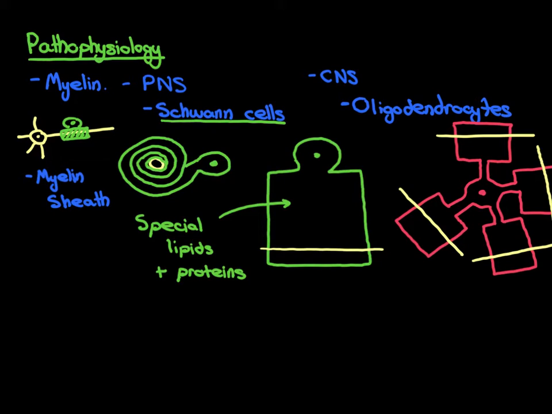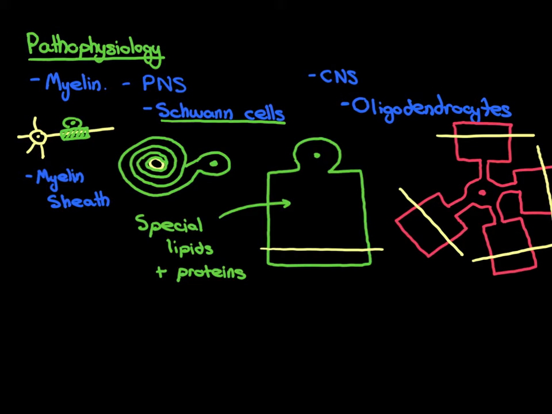Even more in particular, there are proteins in the central nervous system myelin sheaths that are not present in the peripheral nervous system myelin sheaths. And we believe that multiple sclerosis is an autoimmune attack against one of these special proteins in the myelin of the central nervous system that is not present within the myelin of the peripheral nervous system.